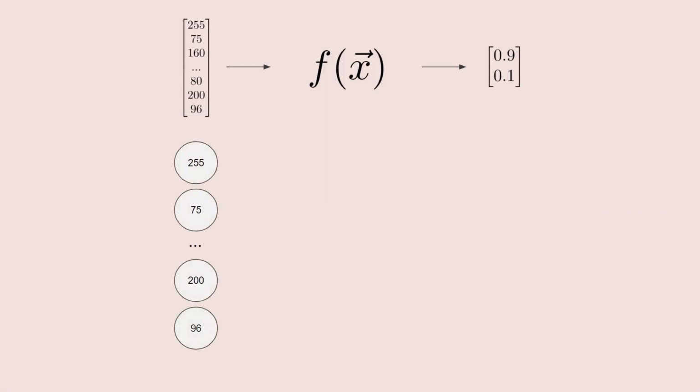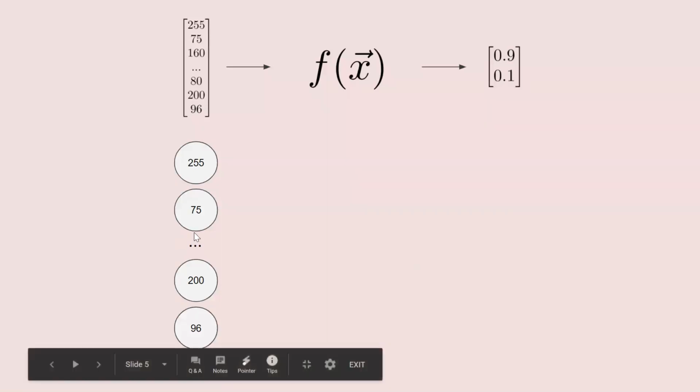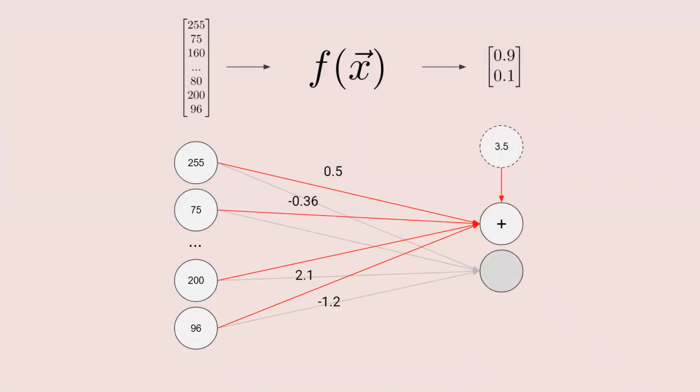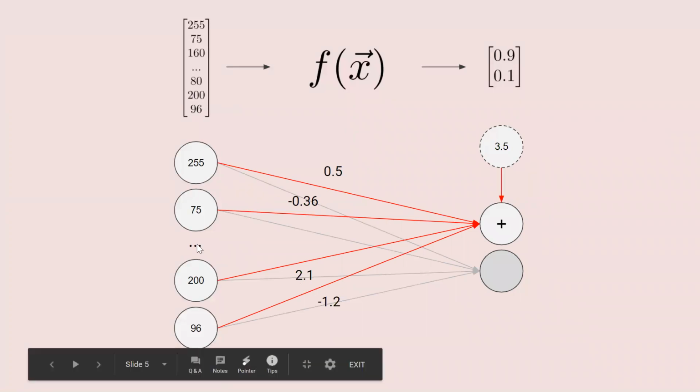Drawing this out in an actual diagram, I've put all the numbers in the vector into these circles, and these circles represent neurons, or individual units of the neural network. On the right side, we have the neurons for the output layer. I will refer to the first column as the input layer, and this column as the output layer.